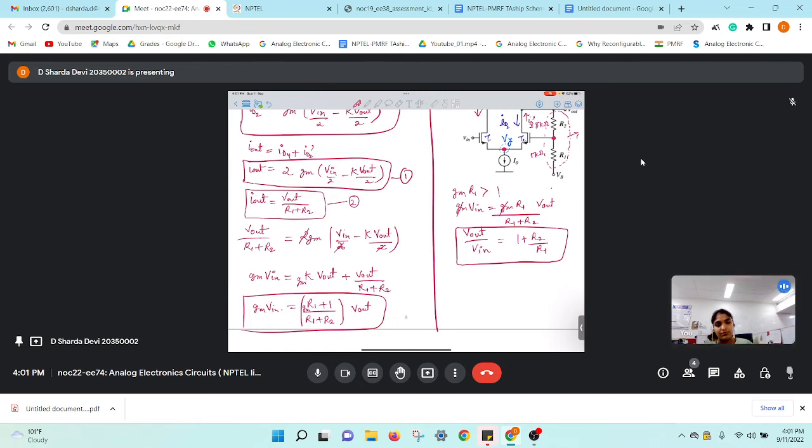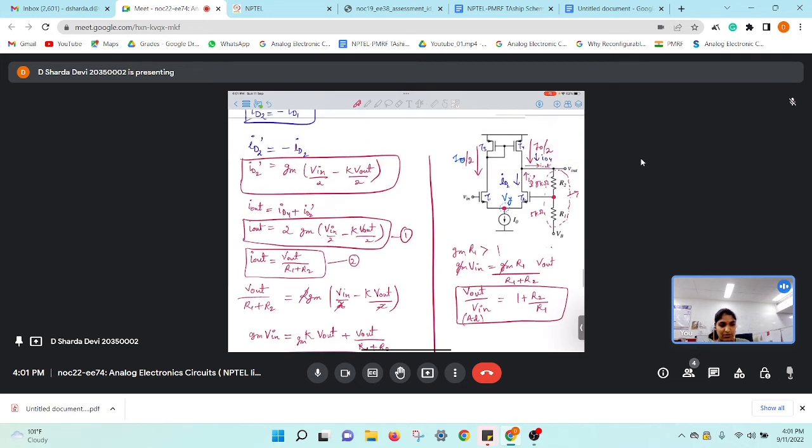Voltage gain, no? What type of voltage gain? Is it common mode or differential mode? Differential mode. Yes, it is differential mode.